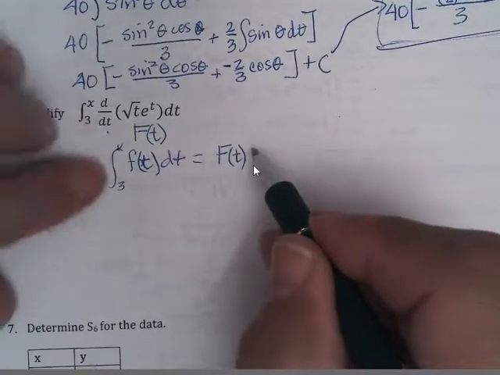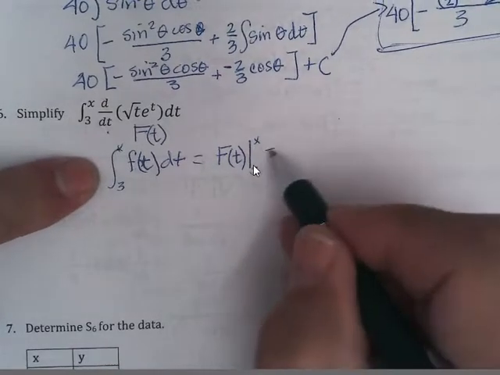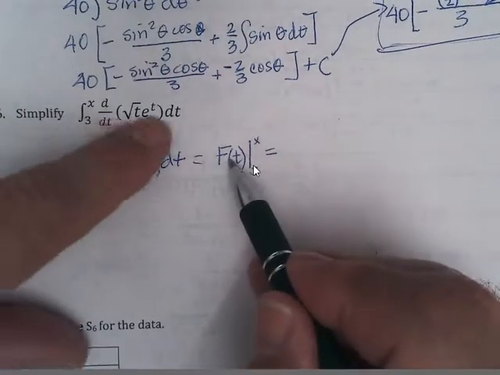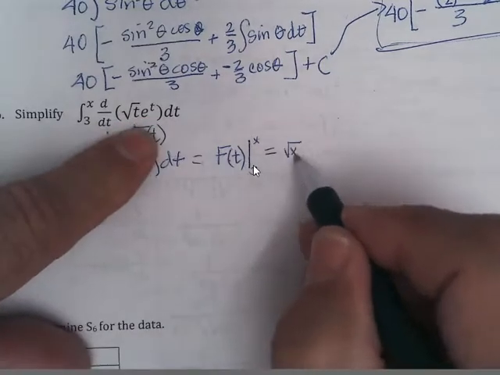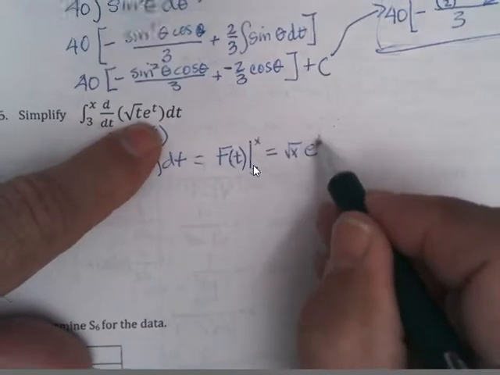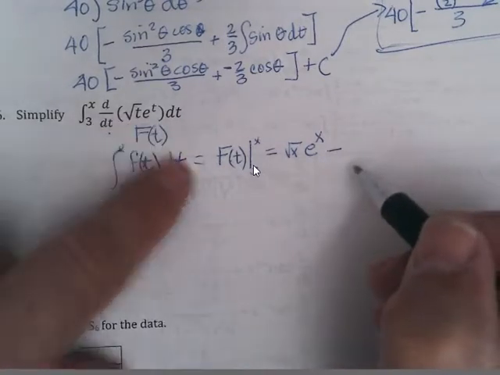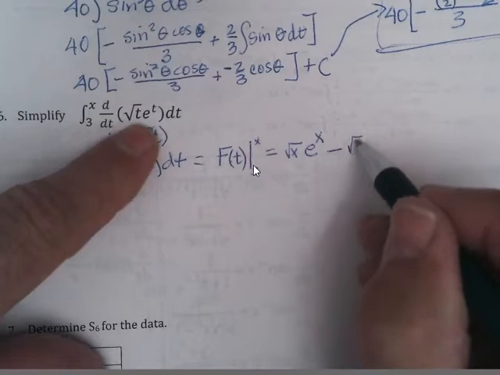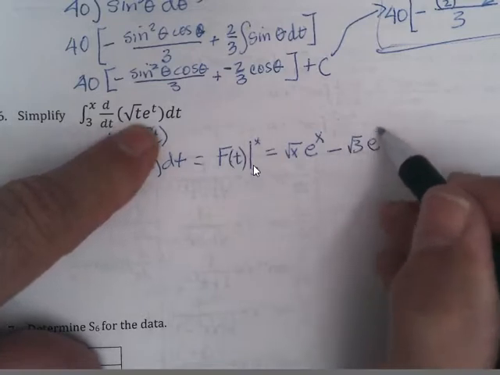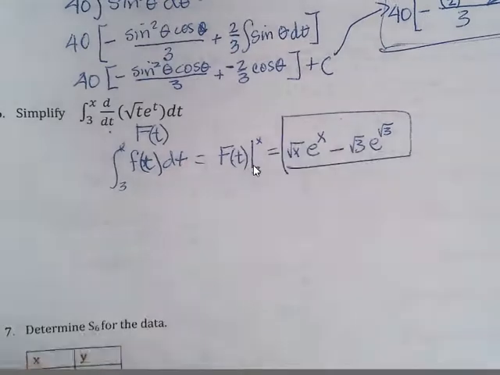And we'd evaluate that from 3 to x. Capital F of t was this, so we put x in for the t's, and we get the square root of x e to the square root of x, minus, we put 3 in for the t, and we get square root of 3 e to the square root of 3. That's it.